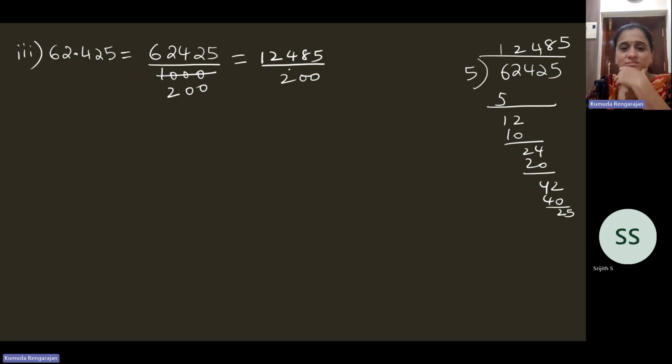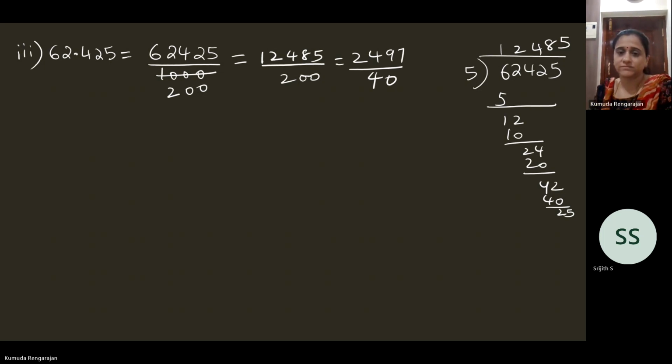Tell me the final answer. The answer is 2,497 by 40, ma'am. So I think denominator you went wrong while simplifying, right? Okay, fine. Finally, you got it right. This is the correct answer.